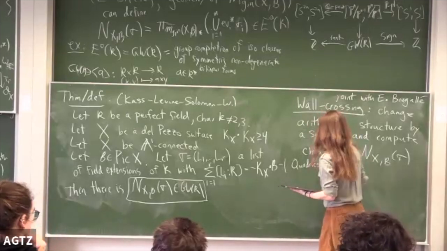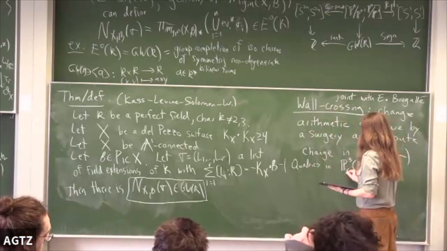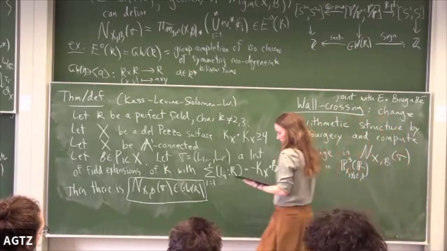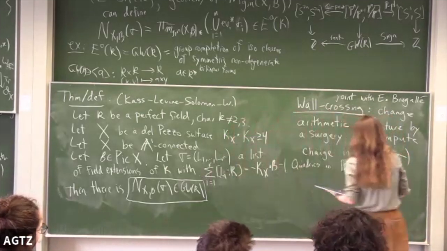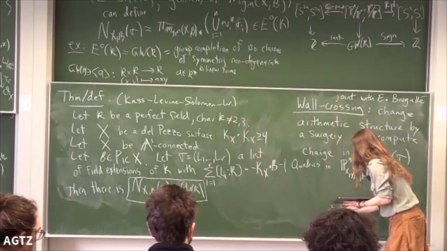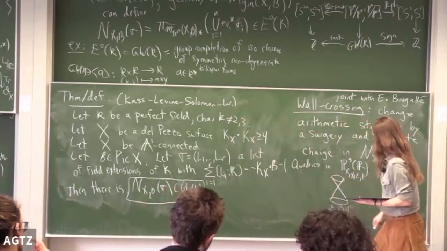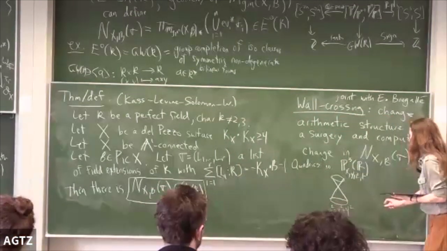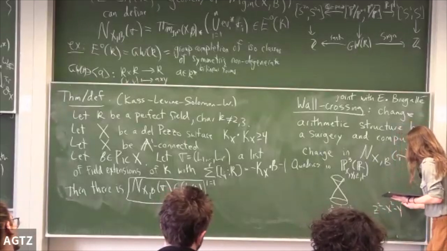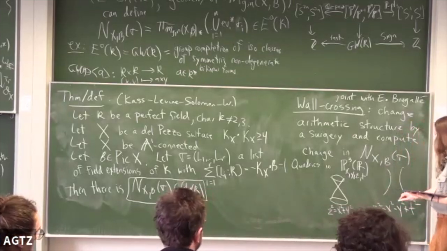Let's have our coordinates be X, Y, Z, and T. And in the middle, we'll have our cone, Z squared equals X squared plus Y squared. So there's a cone. Over here, let's have Z squared minus X squared minus Y squared plus T squared, and that's a P1 cross P1.